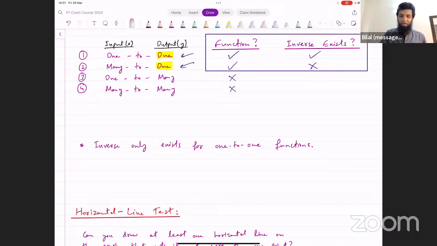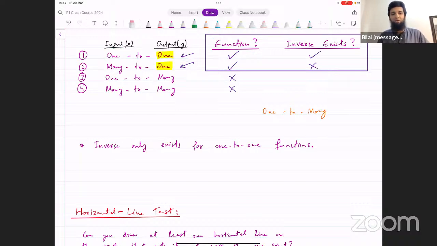Then out of these two, we said only one-to-one functions have an inverse, because if you were to reverse many-to-one, what would happen? You would end up getting one-to-many, right? Since the domain and range interchange, since the input and output reverse when we find an inverse. Inverse of one-to-one would also be one-to-one.